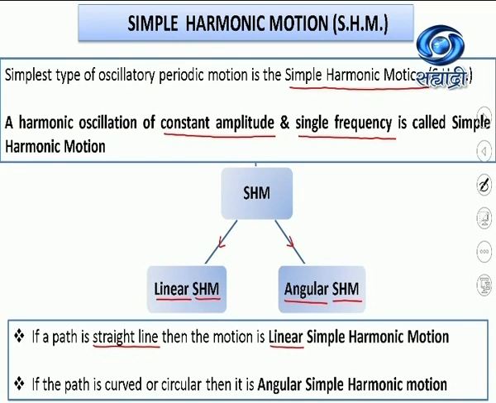On the opposite hand, if the path of oscillations is curved or circular, then the SHM is called angular SHM. Let us start now with the linear SHM in detail.